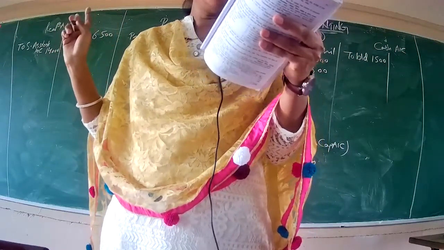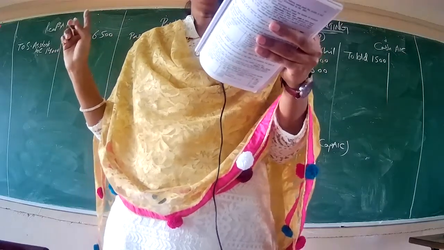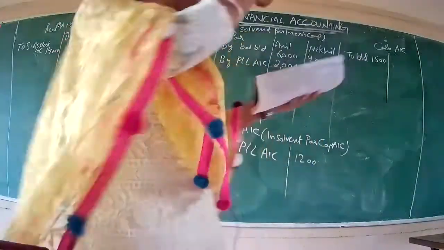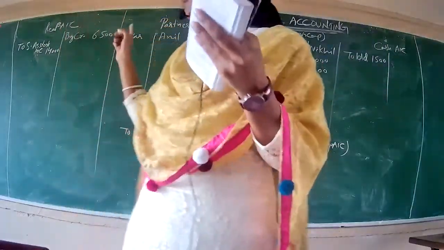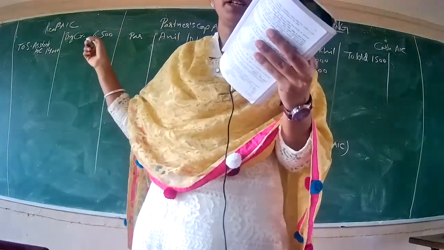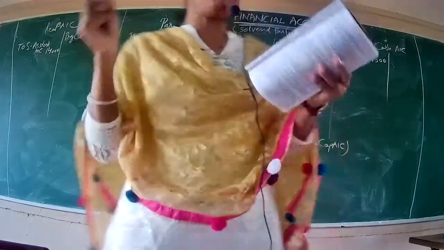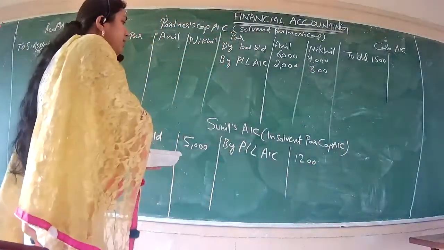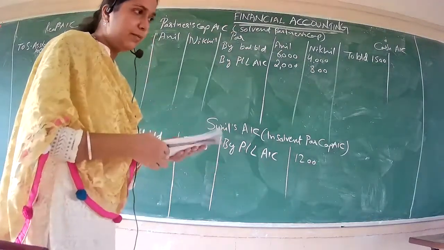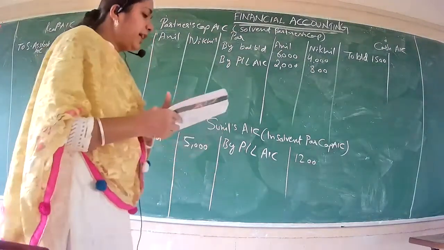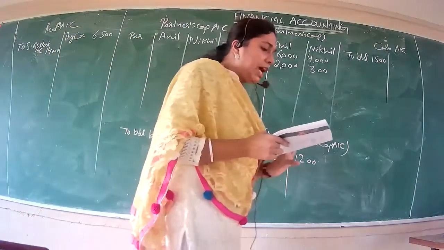And then we have the asset side, cash in hand. So cash we have taken, opening balance 1,500. Then assets we have posted in your realization account 14,000. And then Sunil's capital also we have taken in Sunil's respective account. So balance sheet is now empty. Clear?